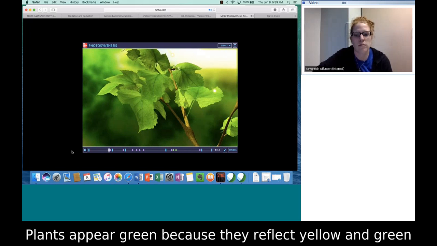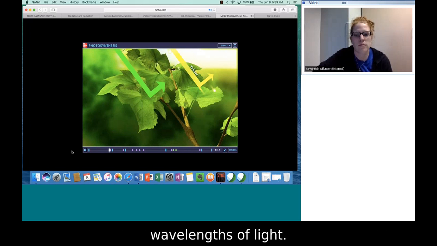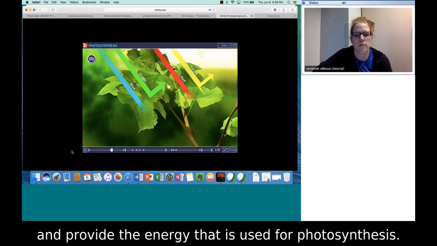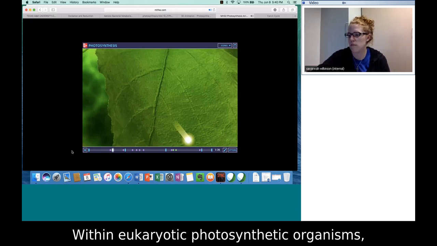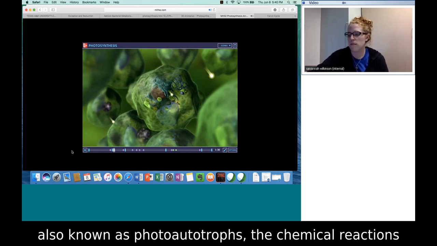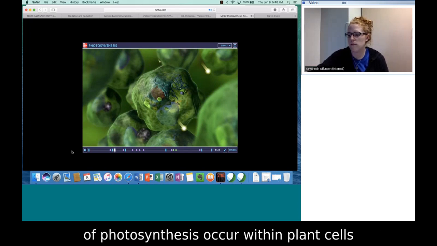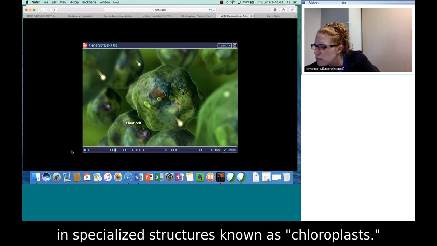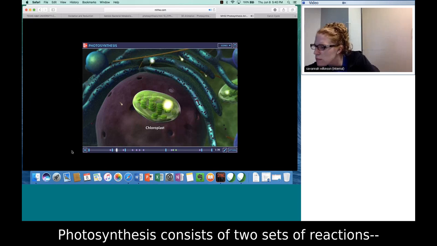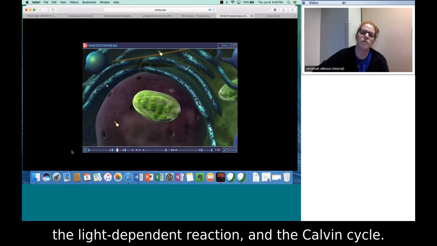Plants appear green because they reflect yellow and green wavelengths of light. Red and blue wavelengths of light are absorbed by these pigments and provide the energy that is used for photosynthesis. Within eukaryotic photosynthetic organisms, also known as photoautotrophs, the chemical reactions of photosynthesis occur within plant cells in specialized structures known as chloroplasts. Photosynthesis consists of two sets of reactions, the light-dependent reactions and the Calvin cycle.